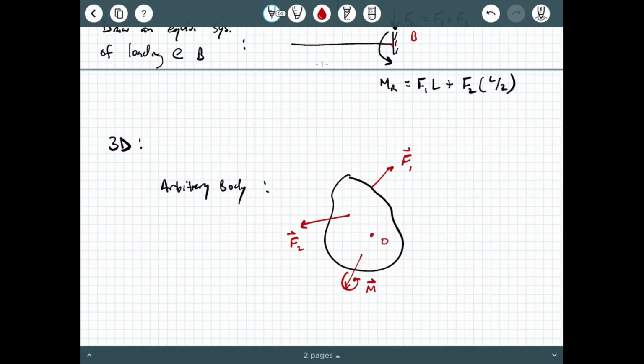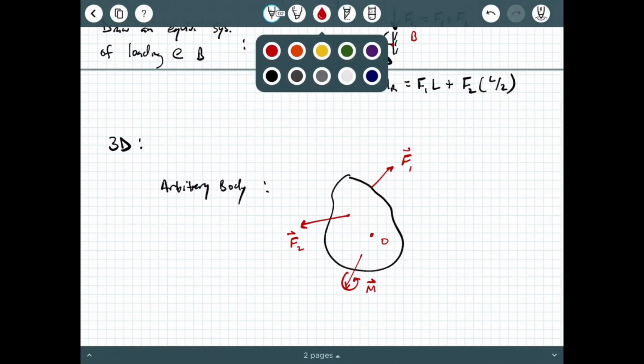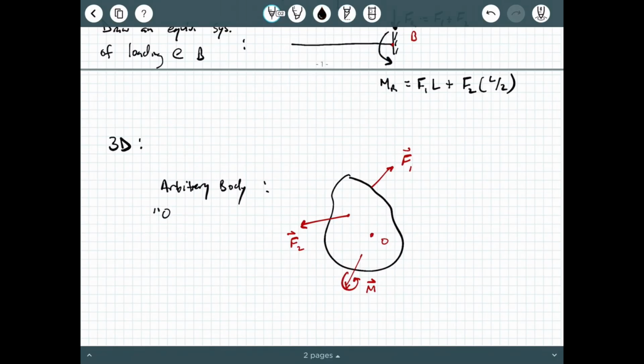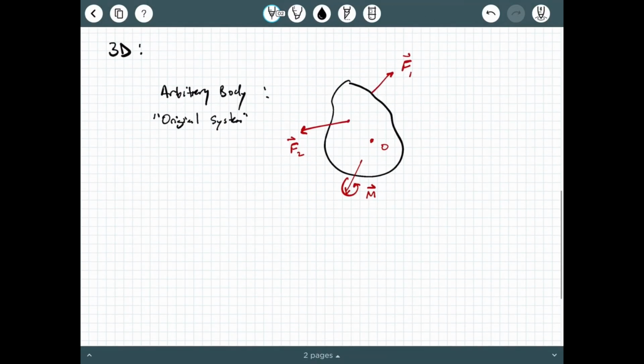By the way, I know this doesn't look like a very nice 3D drawing, but this line of action is the axis that my moment is rotating around. You can think of this little vector as going through the curl of this moment. This is our arbitrary body, and we'll call this the original system.